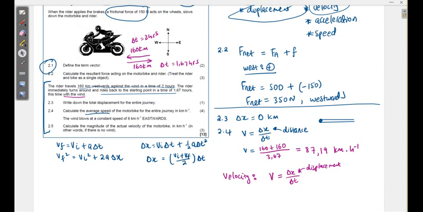So when you write it with an intention to say I'm calculating velocity or I'm calculating speed, the only difference is that when you are calculating speed, you are going to consider the distance. But when you are calculating velocity, you are going to consider the displacement of the object. Yes, so just keep that one in mind.